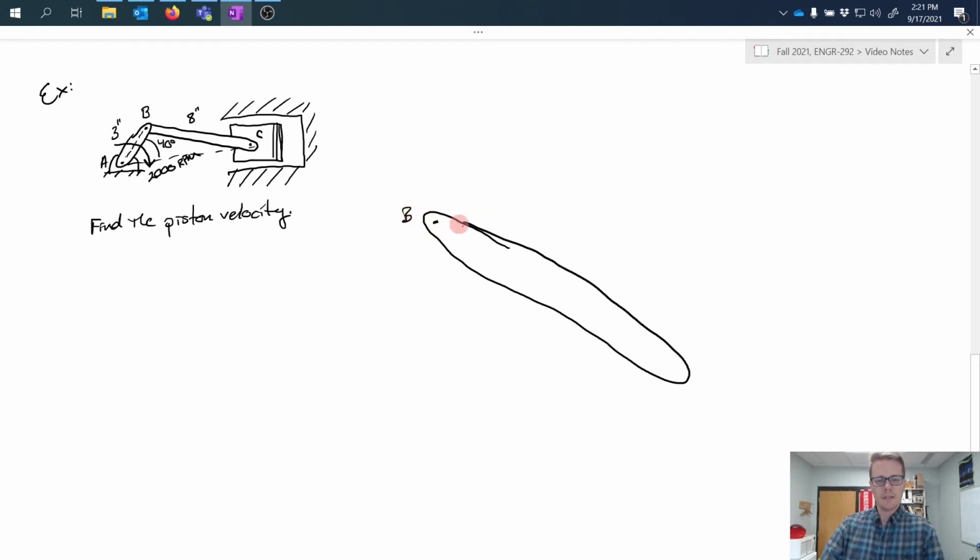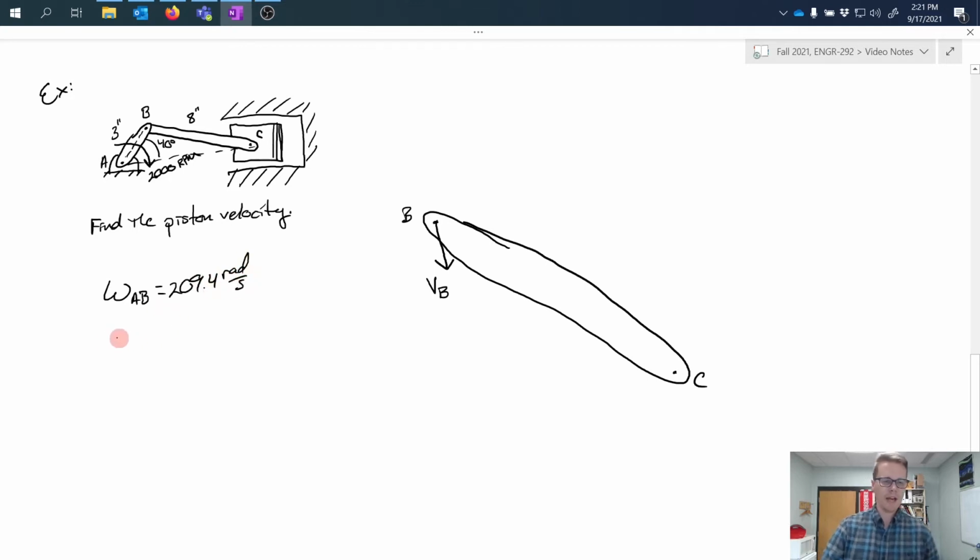and label my ends B and C, and recall that I know that the velocity of B is related to the rotational velocity of my crankshaft. So previously we had solved for this, but just a little bit of a rehash. We did a little unit conversion to find the rotational velocity of the crankshaft as 209.4 radians per second.